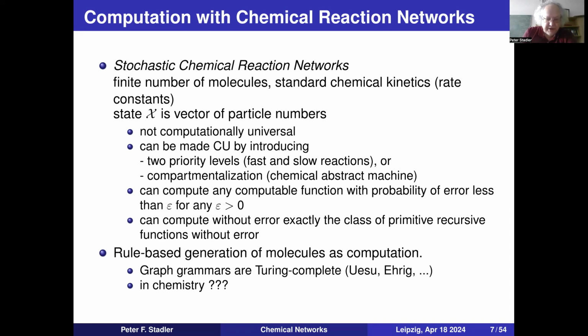I won't go into that, but that provides a motivation for asking which chemical reaction networks that I can write down formally actually have a chance of being implemented in chemistry.